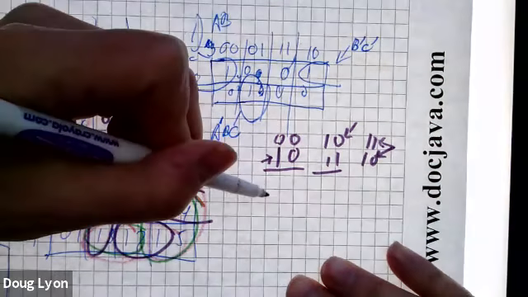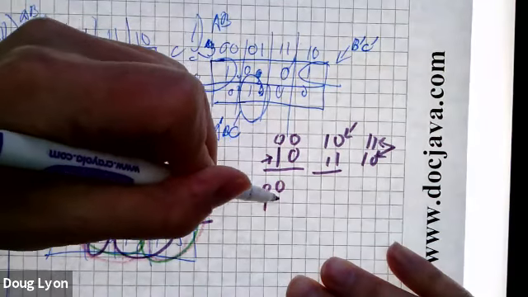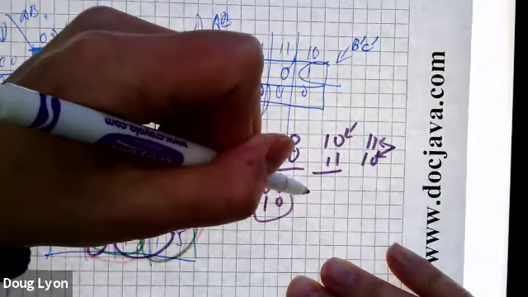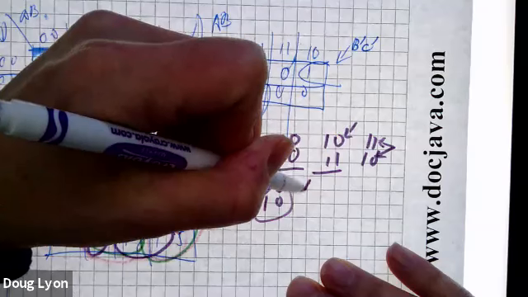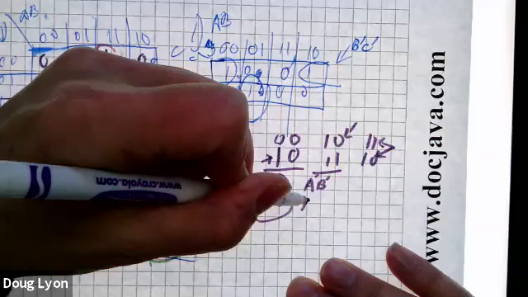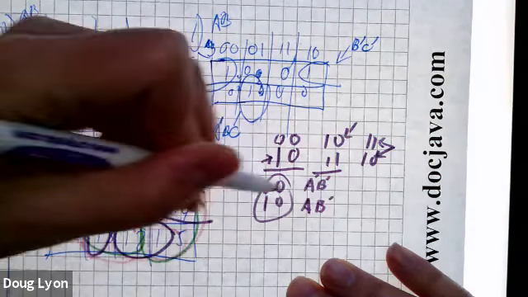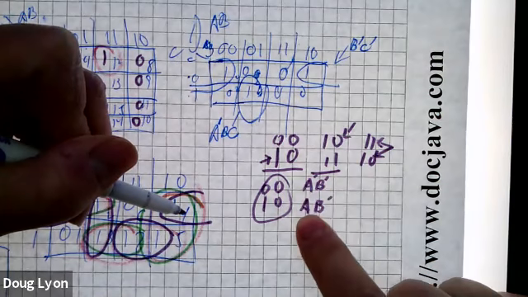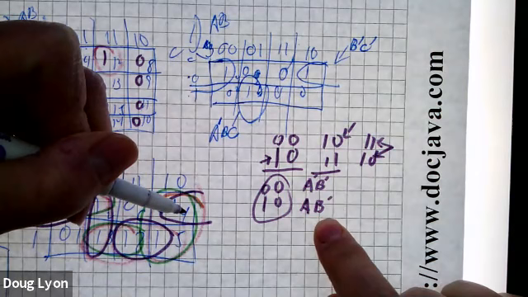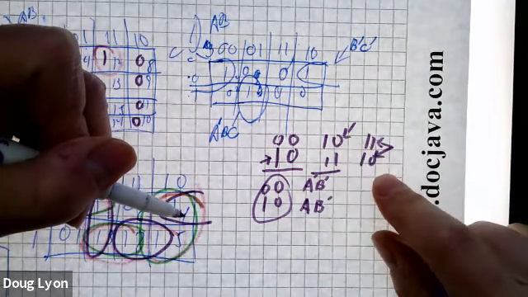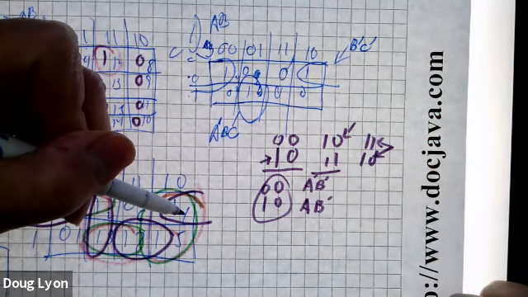Well, because when I go from 0, 0 to 1, 0, it's like right, and I do a loop, right? It's like looping A prime B prime with A B prime. If I factor out B prime, the A prime or A disappears, and that gives me just B prime. Similarly, when I have only one bit of difference, I can instantly do my factoring.